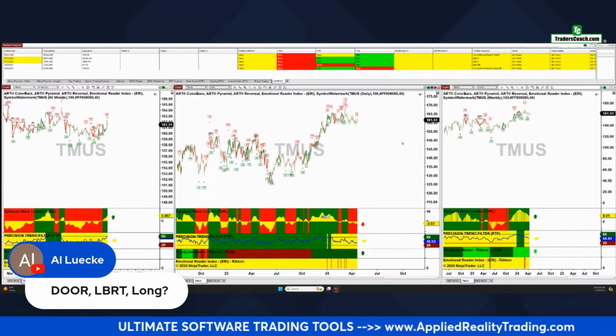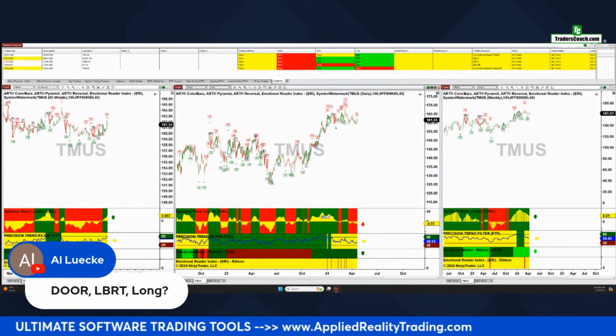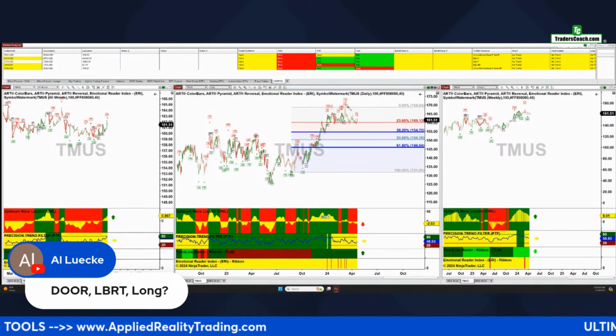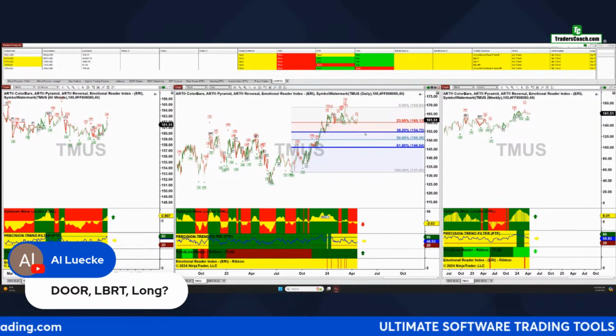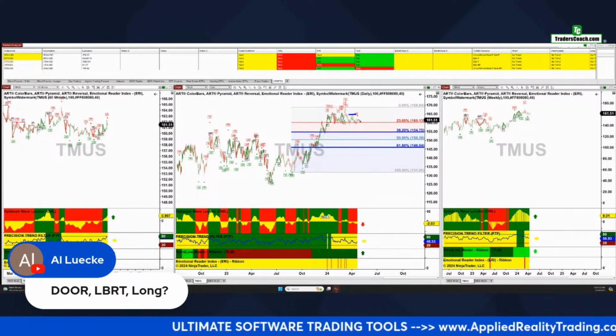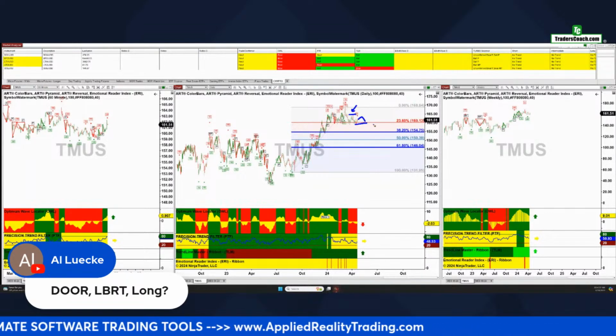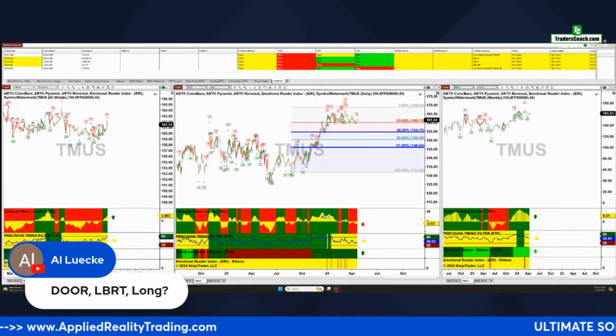Then you should have a fairly decent entry for a short position with a target somewhere around 154 to 146. You could put your stop at this high, and if it holds, you've got a nice little movement into the target zone.